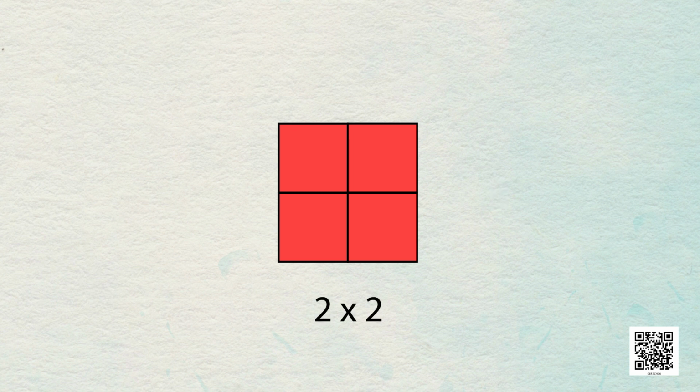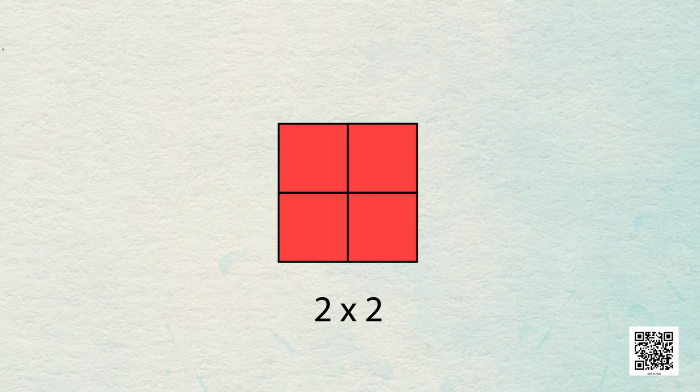Let's see how. 1, 2 and 3. As you see, we add 3 squares and what do we get? We get a 2 by 2 square here. This is a 2 by 2 square.